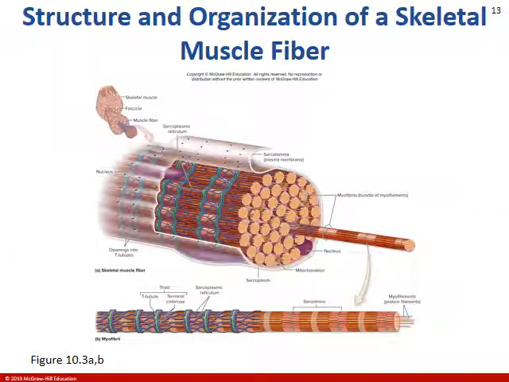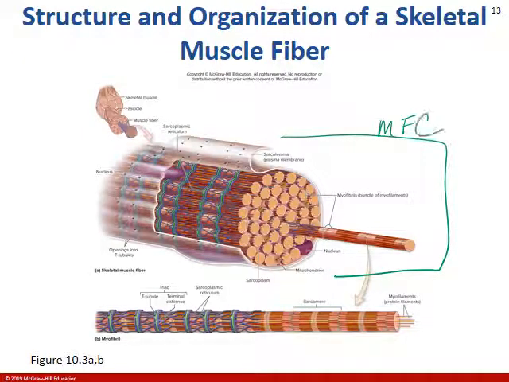So now we're probably totally confused, but let's just think about it for a second. Here is our muscle fiber cell. Inside of a muscle fiber cell, we have myofibrils. Myofibrils contain bundles of myofilaments. Myofilaments are what? Proteins.